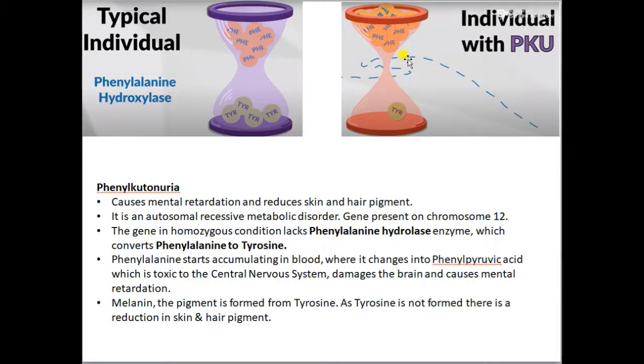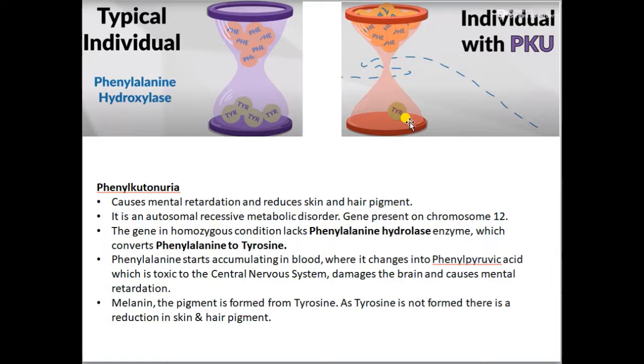And the presence of phenylalanine in the central nervous system, as I told you earlier, will cause brain damage and mental retardation. At the same time, for the production of melanin, a pigment found on the skin, you need tyrosine.